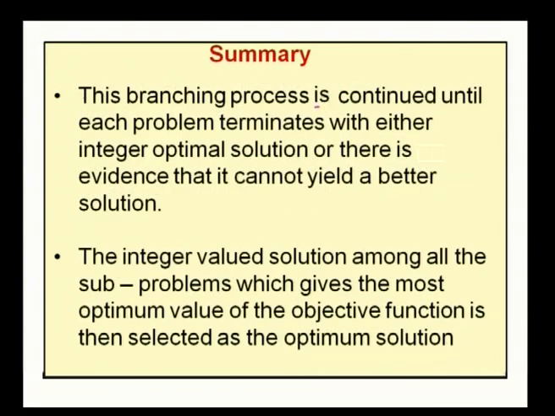This branching process is continued until each problem terminates with an optimal integer solution or there is an indication that it cannot give a better optimal solution. Now, the optimal solution to the original problem is the integer valued solution among all subproblems which gives the most optimum value of the objective function.